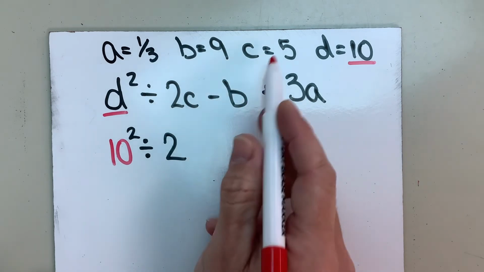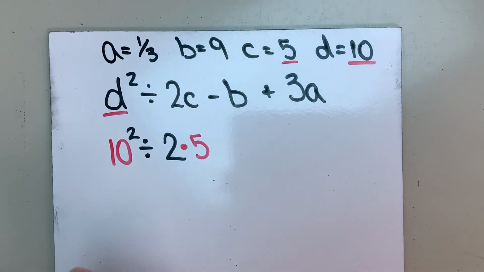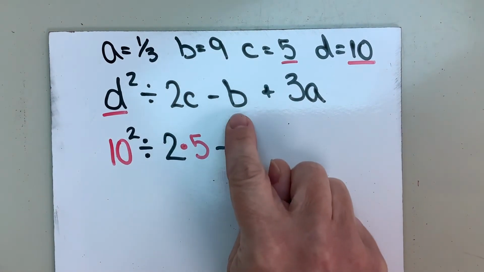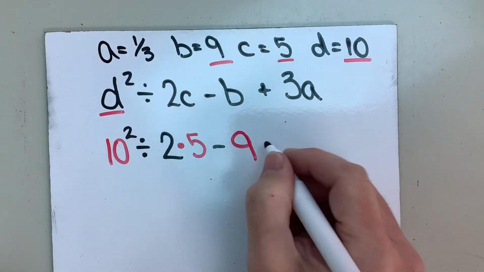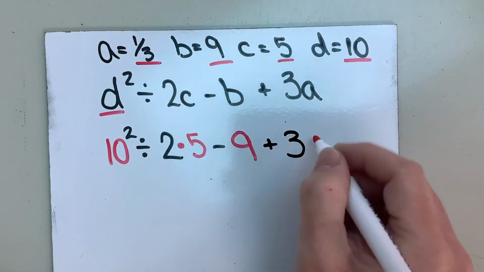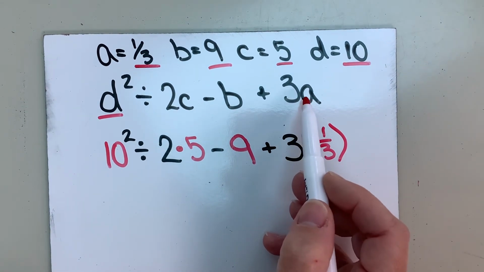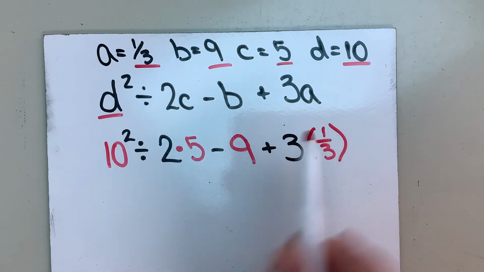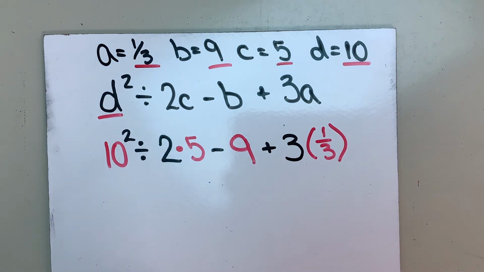So I'm going to take 2 times my C value, which is 5, minus my B value, well, my B value is 9, plus 3, and in place of the A, I'm going to plug in the 1/3. Again, it means we're going to multiply the coefficient times the variable, so 3 times 1/3. You can show it with a dot, or you can show it with a parenthesis. We're trying not to use the X any longer because of variables, and now X is also a variable.